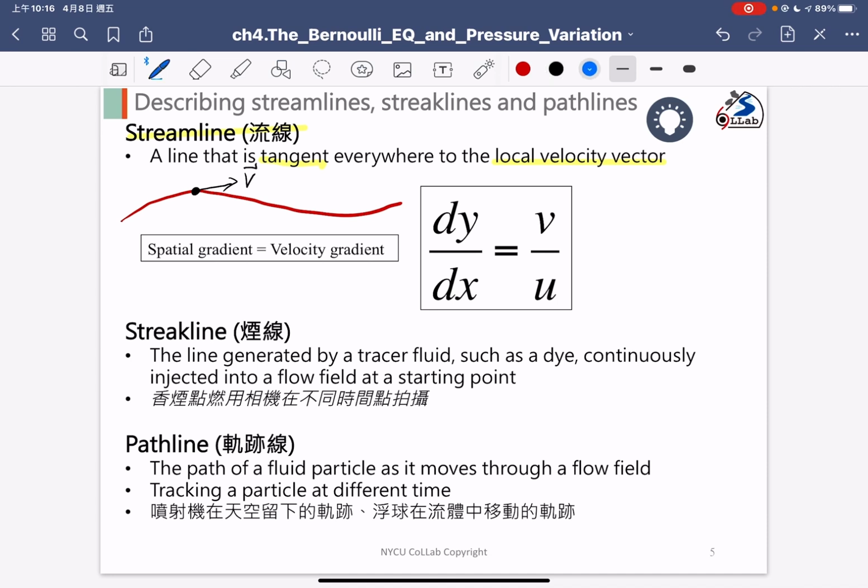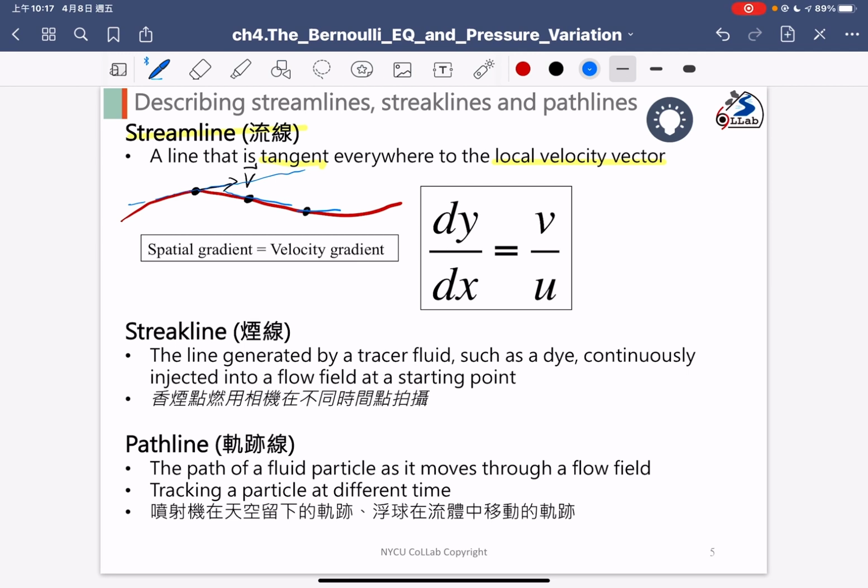If I plot the tangent line crossing this point, this tangent line will be parallel to the local velocity vector. I can find many local points and plot many tangent lines, and I connect all of the black points and define the line. The red line we call the stream line.